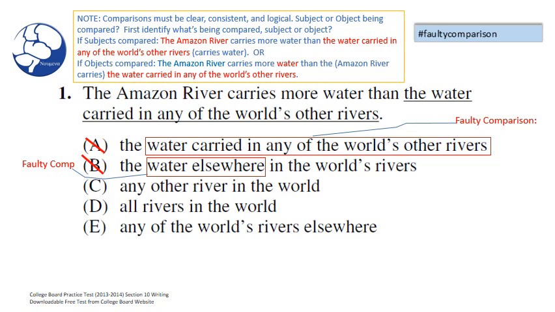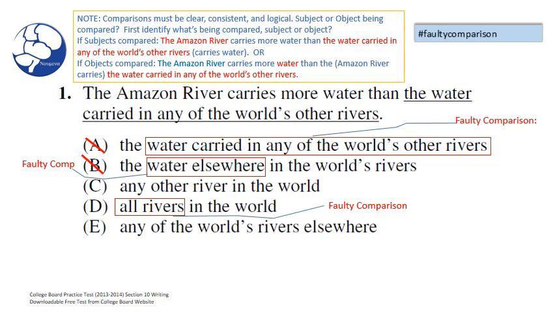And D looks like it could possibly be a comparison, but there's something off about all rivers. Right. Now, comparisons must also be correct in number. Whenever number agreement is required, sometimes it's not, but in most cases, what's being compared must be equal in number.